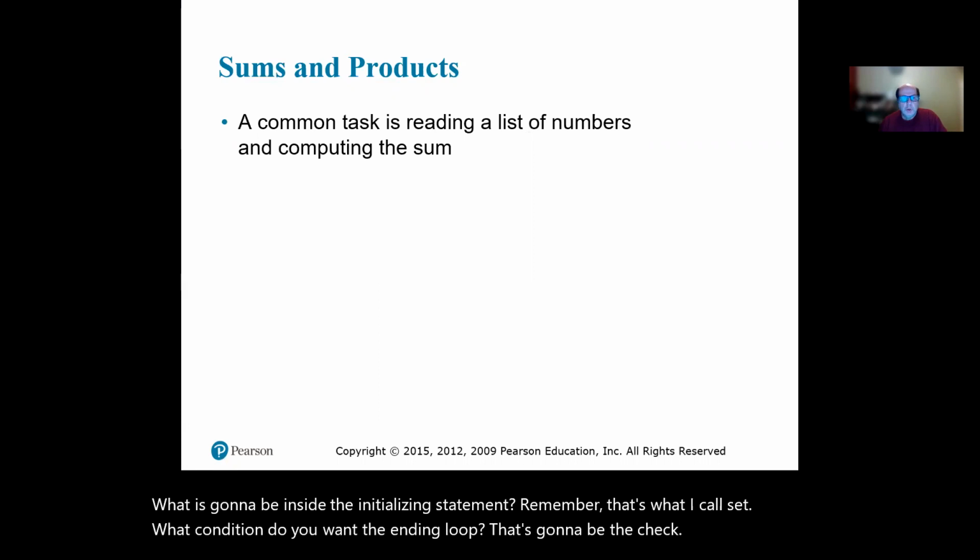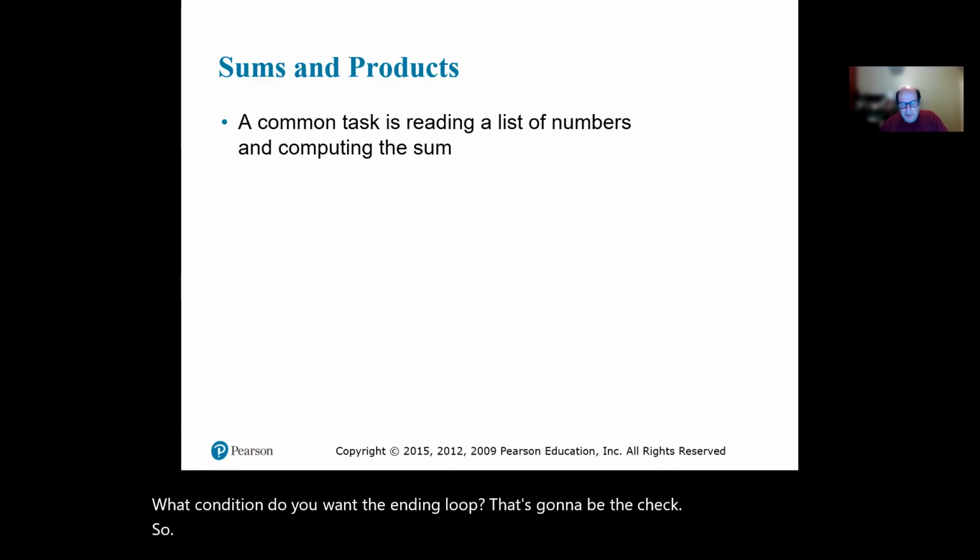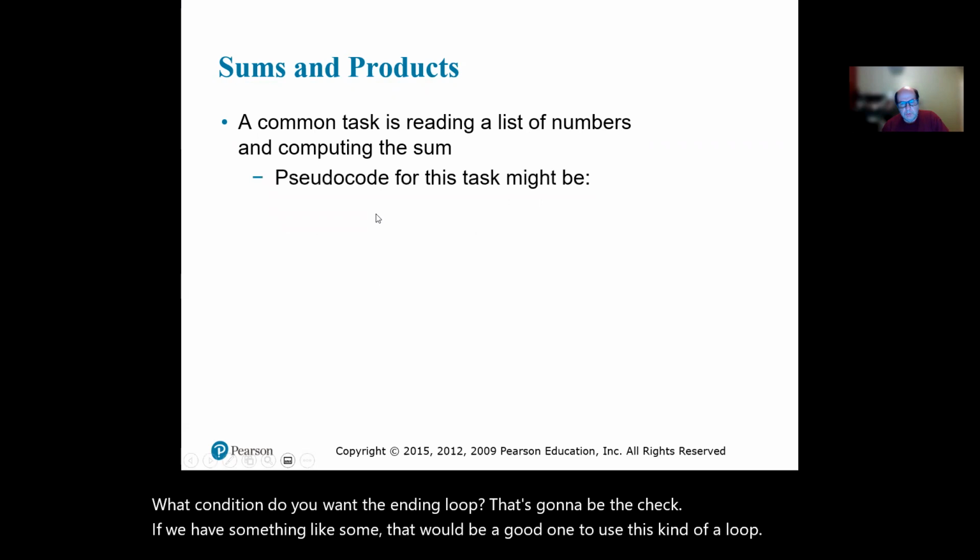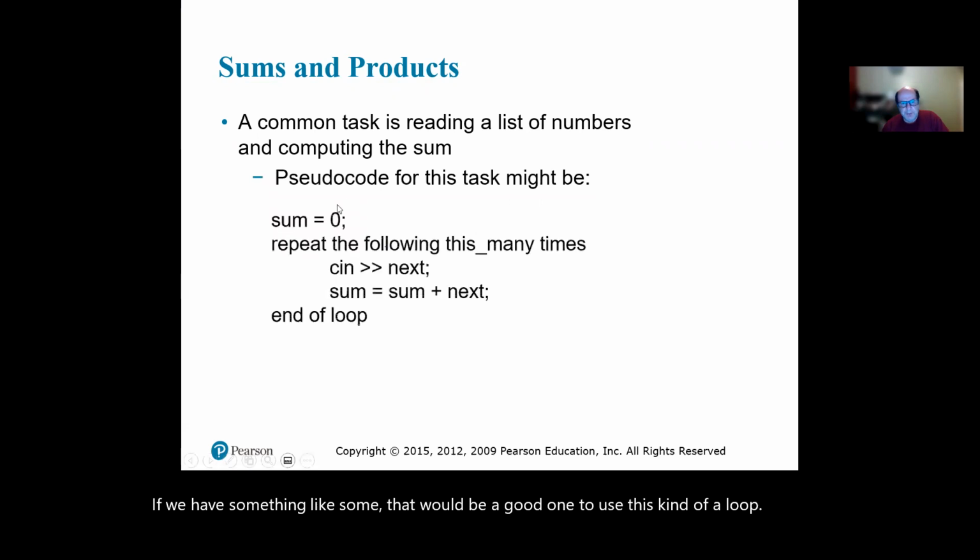So if we have something like a sum, that would be a good one to use this kind of loop. So we might have something like this. This is our pseudocode.